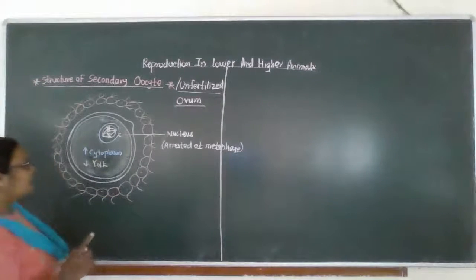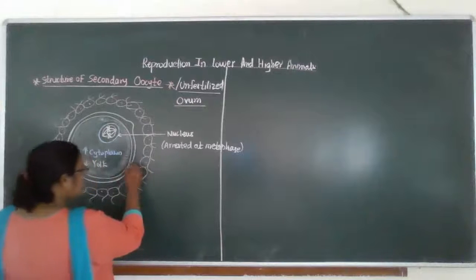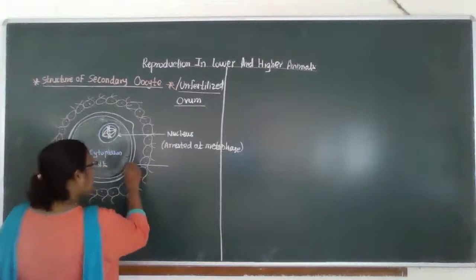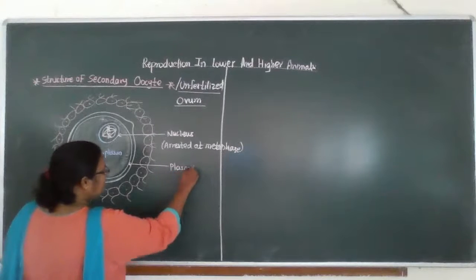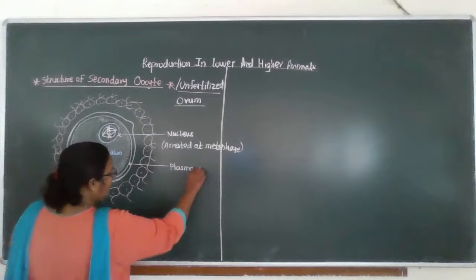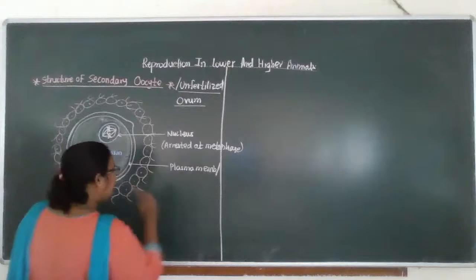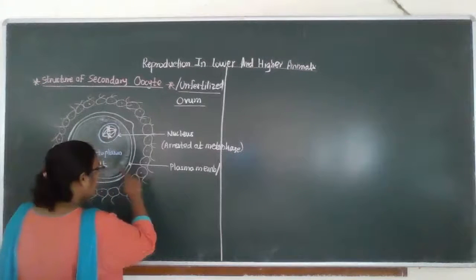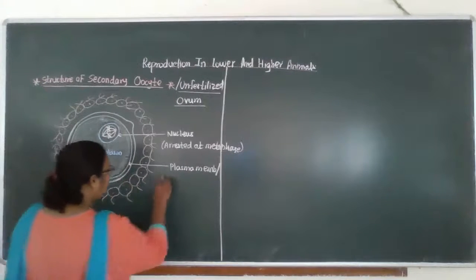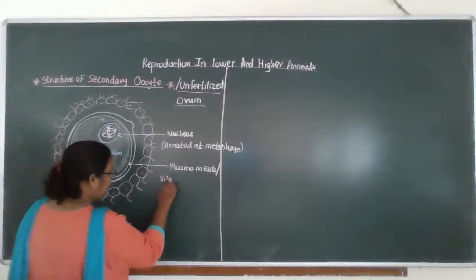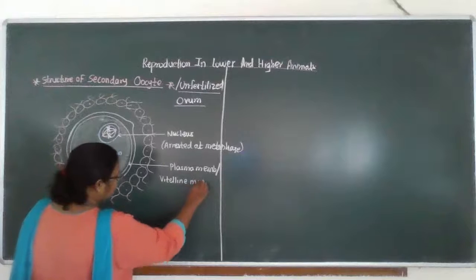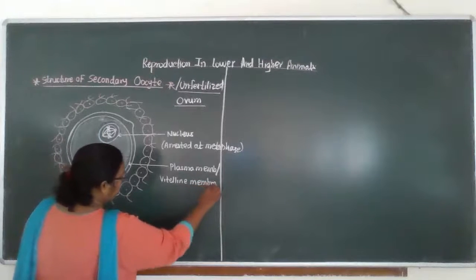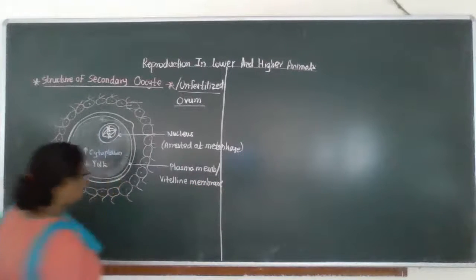So the next one. This is called the plasma membrane, or it is also called the vitelline membrane.